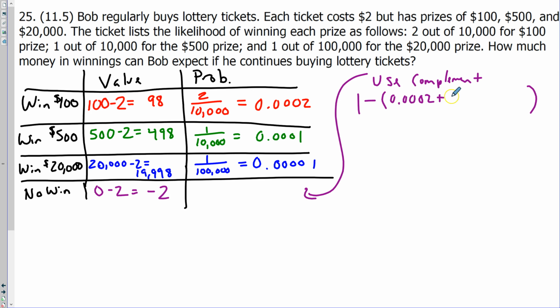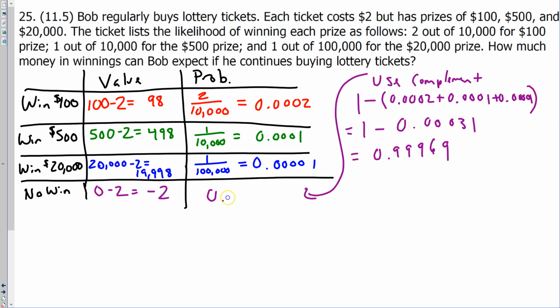The probability of him winning the $500 is 1 out of 10,000, or 0.0001. And the probability that he wins the $20,000 is 1 out of 100,000, or 0.00001. When I add up all those probabilities of him actually winning something, it's 0.00031. 1 taken away from that will give us the probability he doesn't win, which is 0.99969.